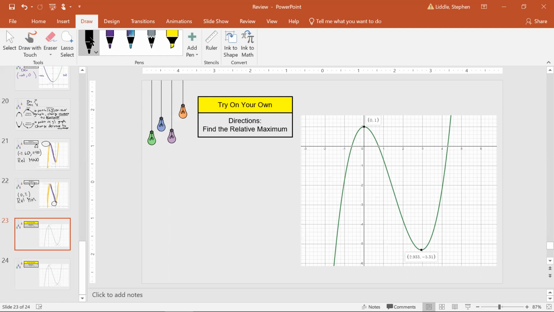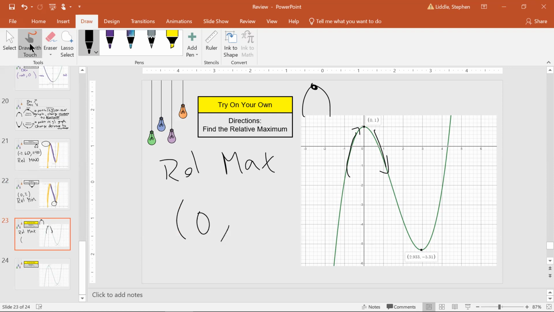All right. So for our given maximum, I'm looking for a shape that looks similar to this, right? Where it changes from increasing to decreasing. So our relative max is going to be 0, 1.